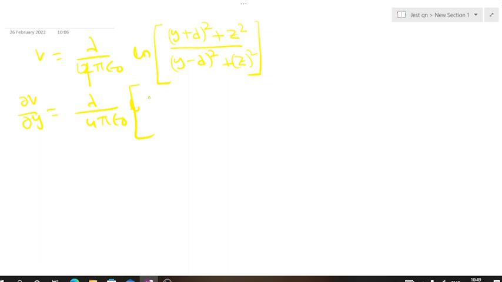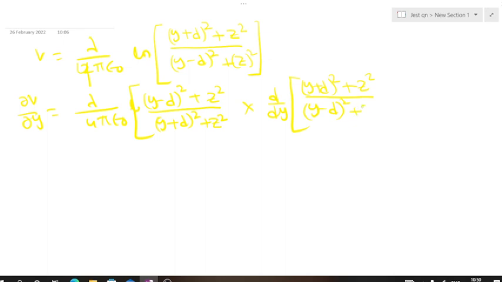So 1 by (y plus d) square plus z square into d by dy of (y plus d) square plus z square by (y minus d) square plus z square. Don't write it always, keep it as k.